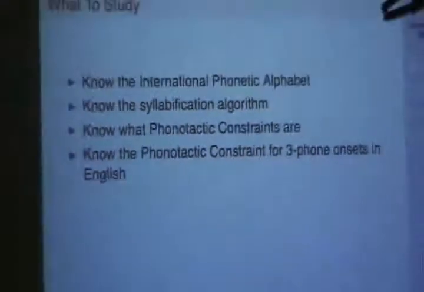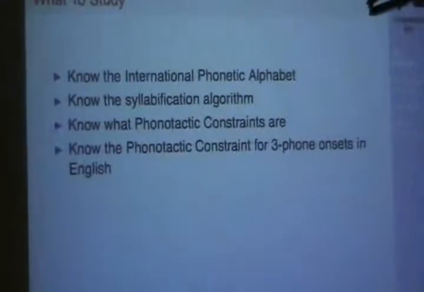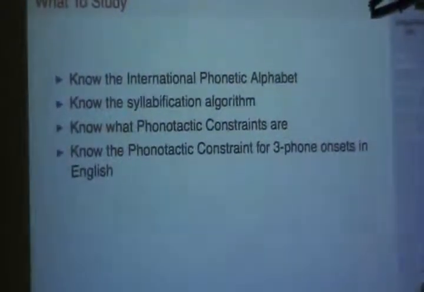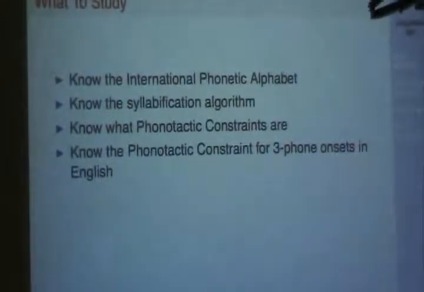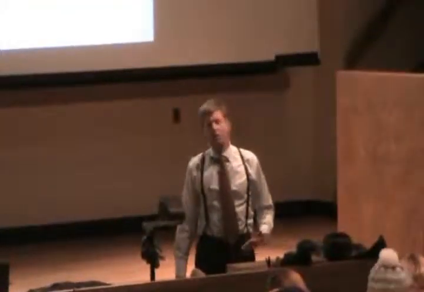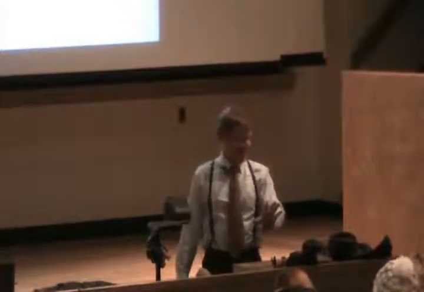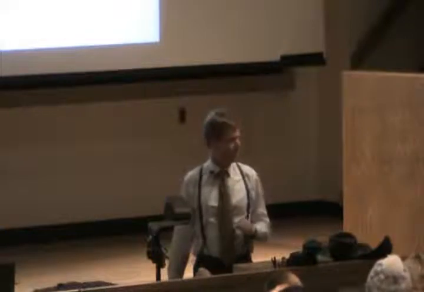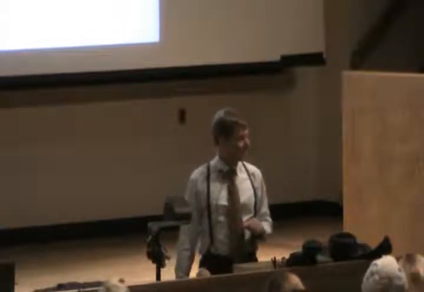I taught you that the biggest group of sounds in an onset in English consists of just 3 phones. And when there are 3 phones, the first is always s, the second is always p, t, or k, and the third depends on what the second is. Remember that. It's in the slides, it's in the lecture notes on syllables. So remember that constraint. Okay?